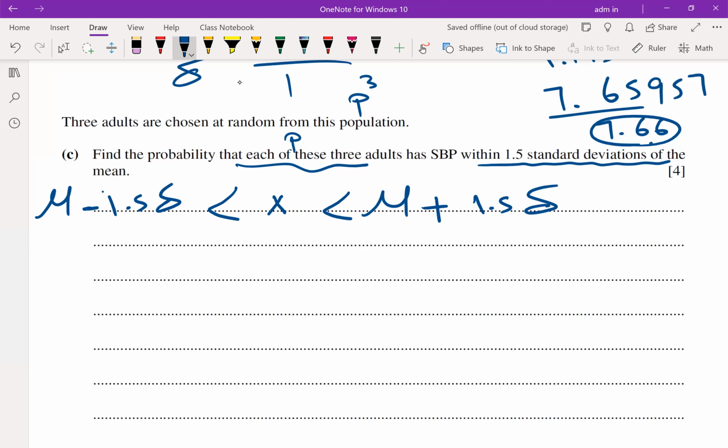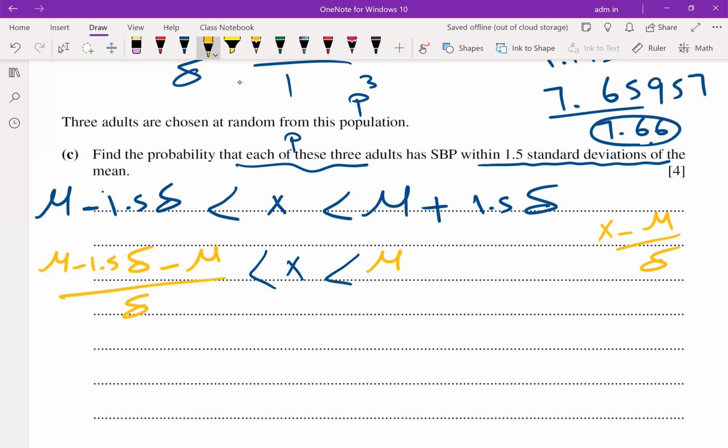This range is not in standard form. How to standardize it? X more than, less than. To standardize, it's x minus mu over standard deviation. So we write mu minus 1.5 standard deviations minus mu over standard deviation, and also mu plus 1.5 standard deviations minus mu over standard deviation.